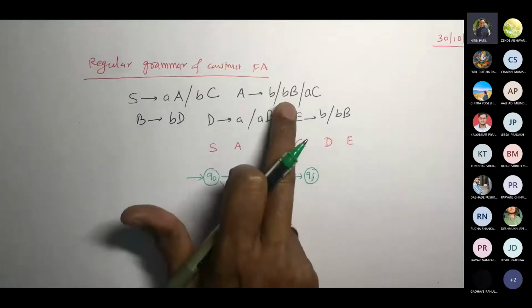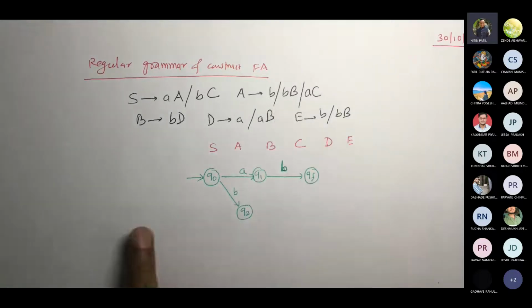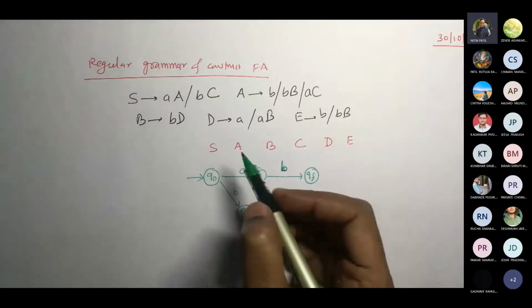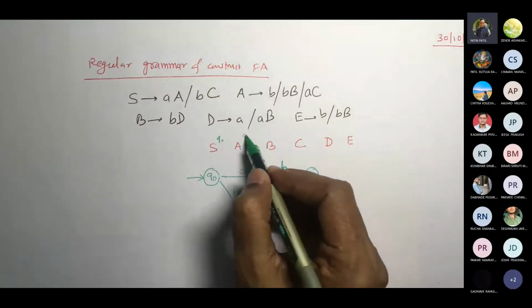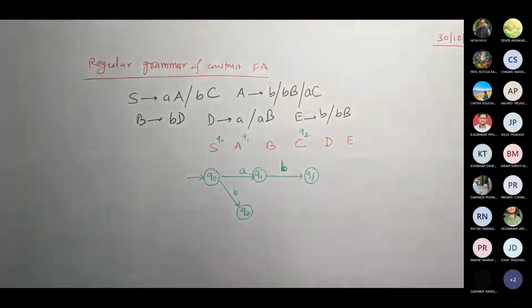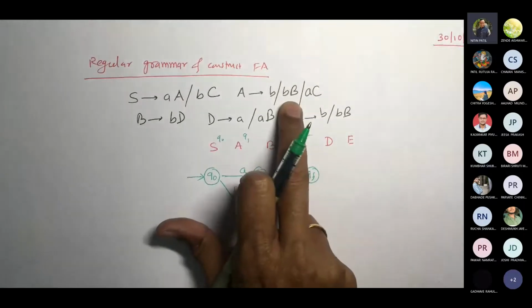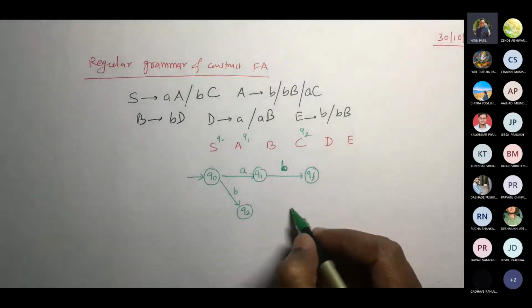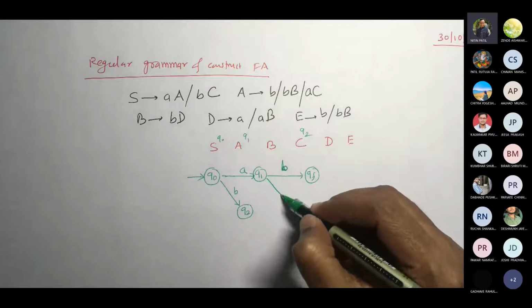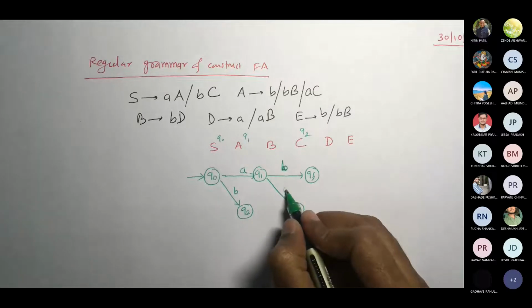Now this A is going to be B. Have we any representation for B? We have taken Q0 for this, Q1 for this, Q2 for this. Now we got B, which is a new symbol, so we'll add it as Q3, like this.